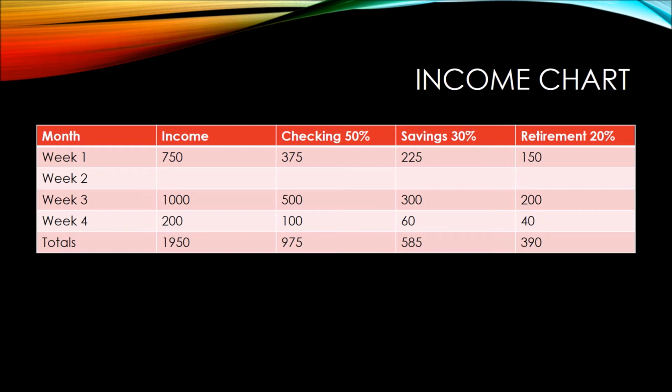We want to look at the income chart first. This will be on a monthly and weekly basis. It'll show you how much income you made for each week and where that money went towards each account. At the bottom of the chart, you will see how much income went in for the whole month and how much you have for each account at the end of the month.